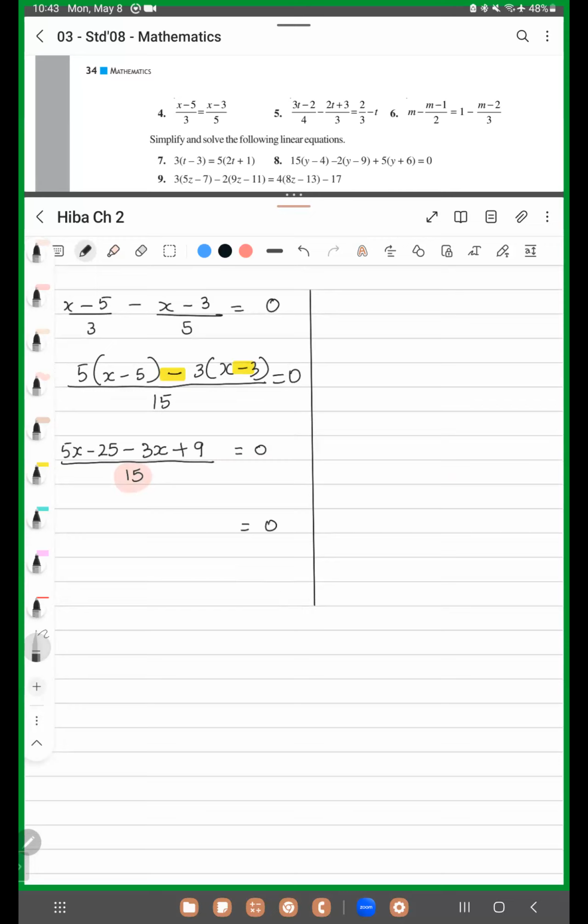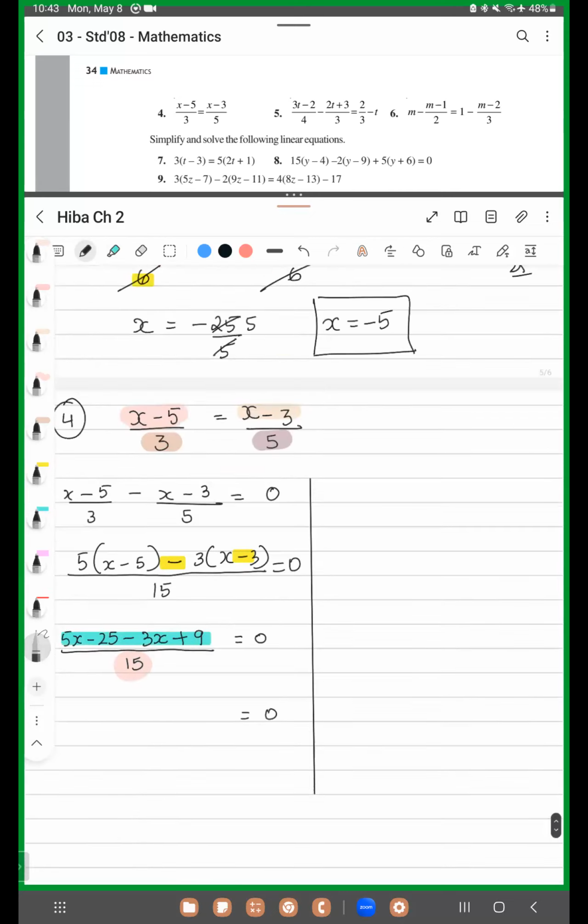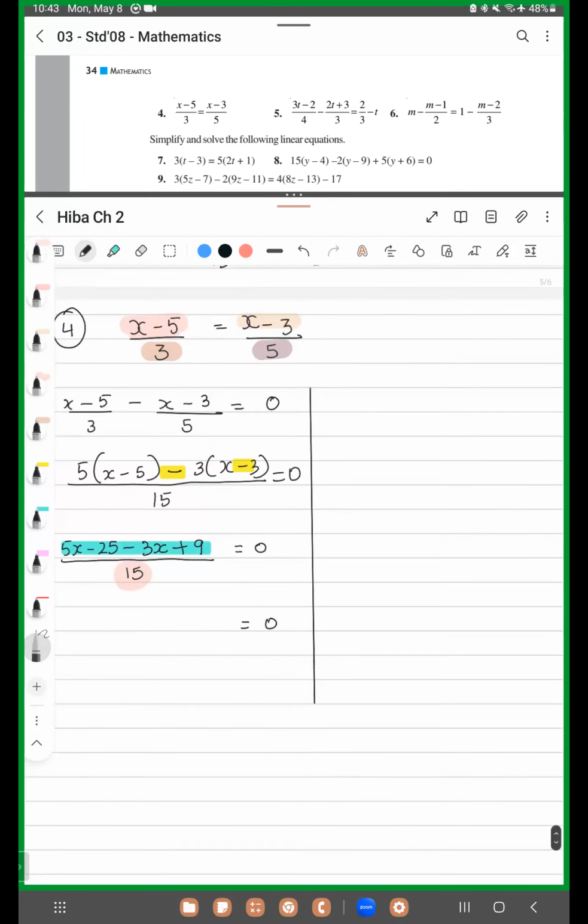ठीक है, अब आप मुझे न्यूमरेटर का बताइए, न्यूमरेटर क्या हो जाएगा? What is 5x? हिबा आप मुझे पहले ही बताइए, what is our next step going to be?